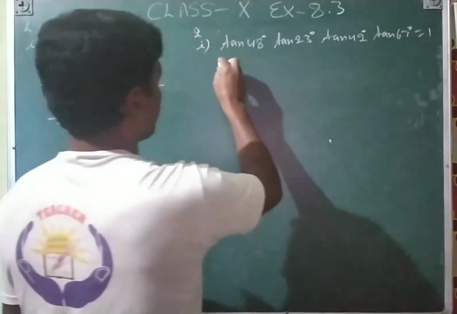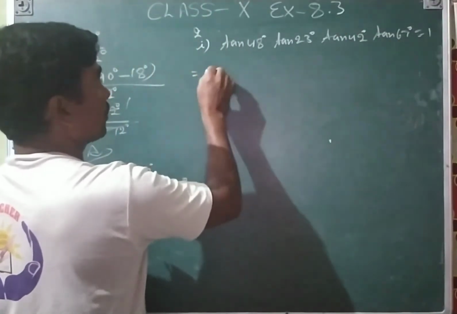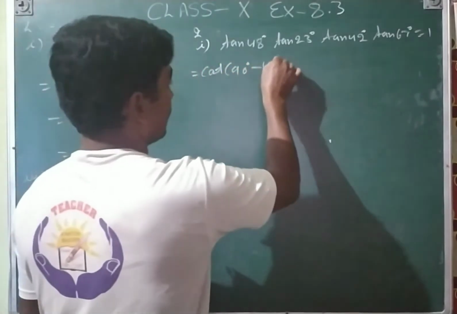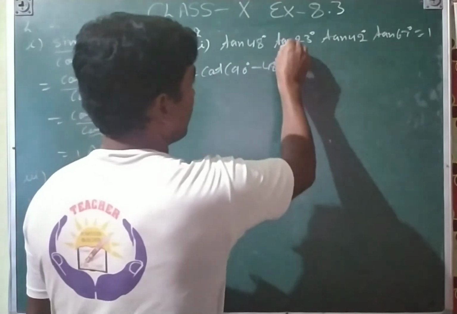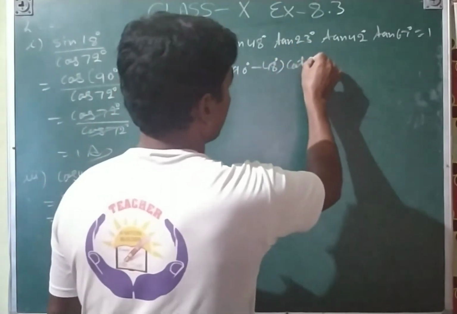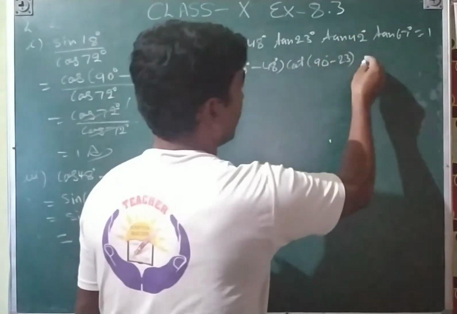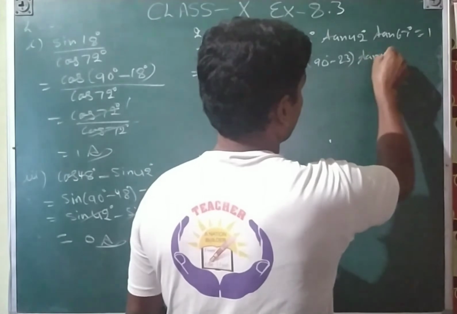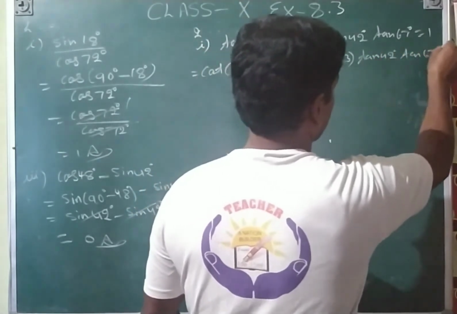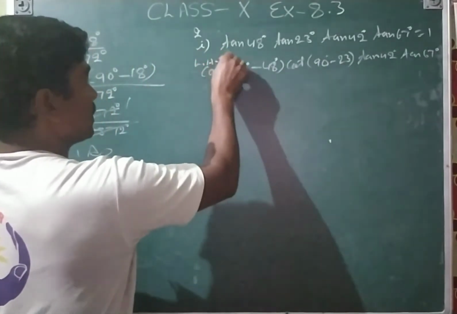So can we change? Tan A is equal to cot (90 minus A), and this one also cot (90 minus A), and the others stay the same, tan 42, tan 67 on the left hand side.